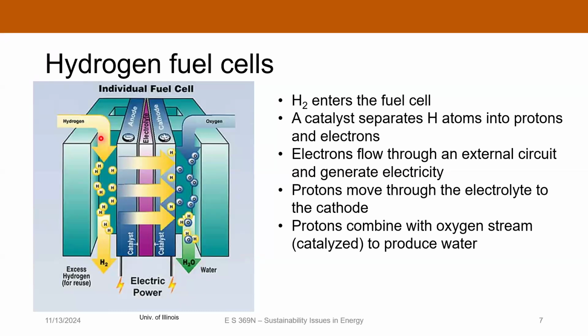The way it works is that you've got an anode and a cathode, and a flow of protons and electrons, where the hydrogen gets separated into those by a catalyst. You get an electrical current that flows from your anode to your cathode, and it generates electricity, which is then carried through this electrolyte. So it's a pretty straightforward process.